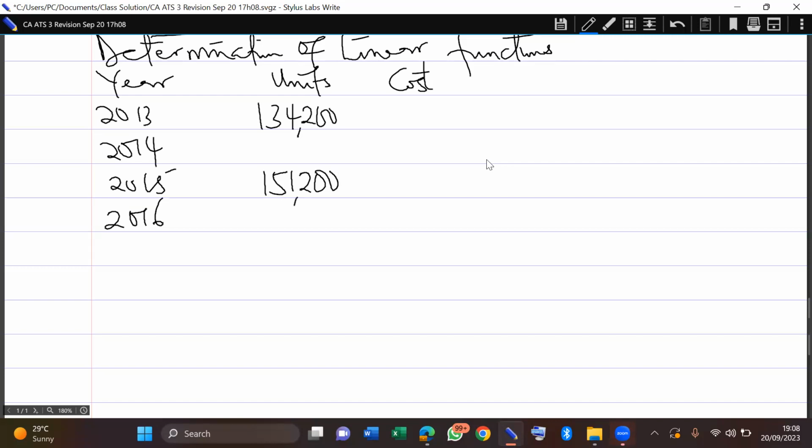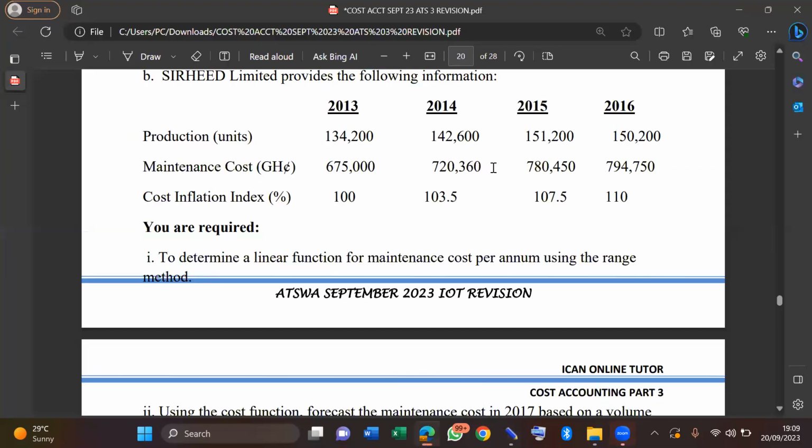Who picked 2014? 142,600. Who picked the last one? 150,200. Yeah, let's go for the cost as well.